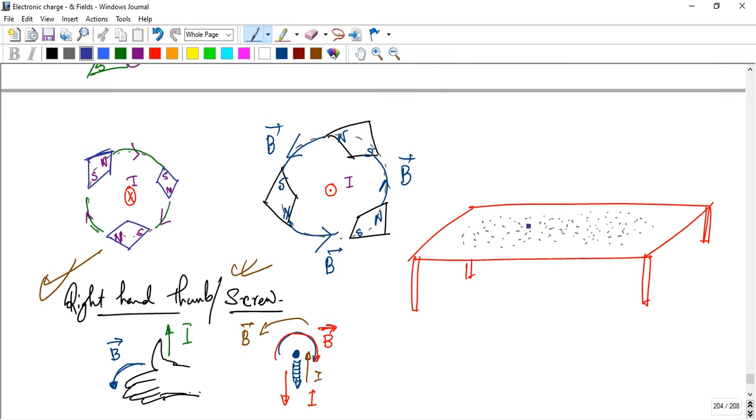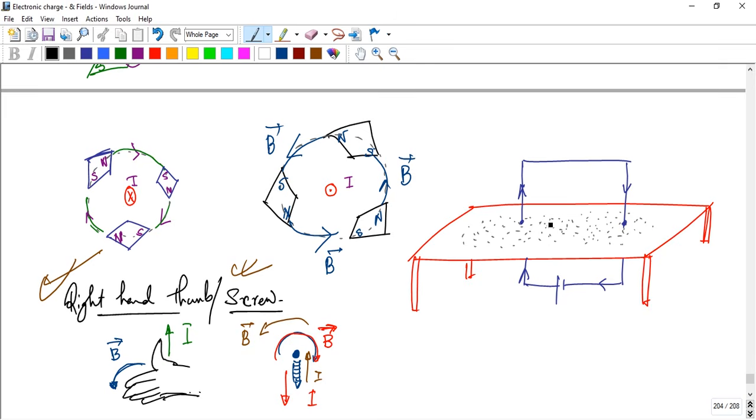And there is a current-carrying wire connected to the battery. When the current passes through the wire in that direction, we apply the right hand thumb rule. Like on a tabletop, we put the thumb here, meaning out of the tabletop, and that gives an anti-clockwise direction.